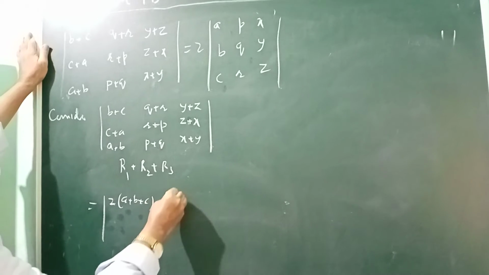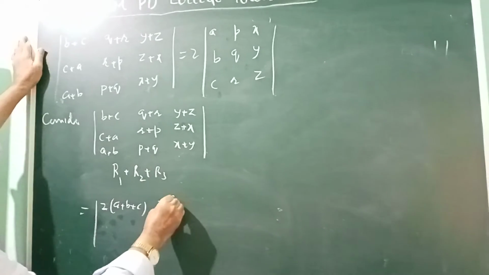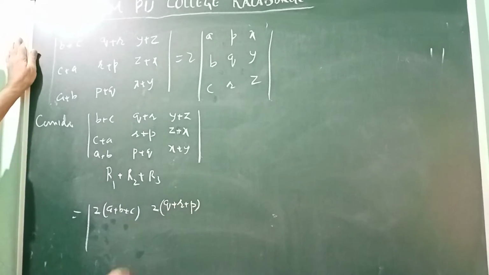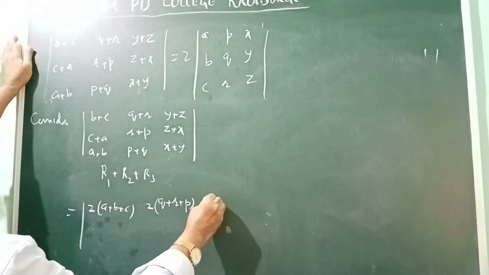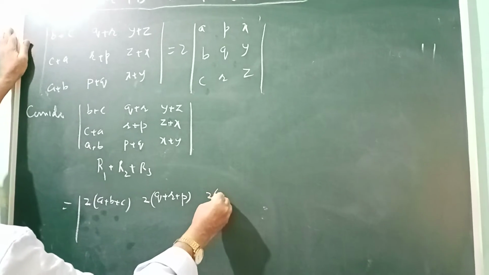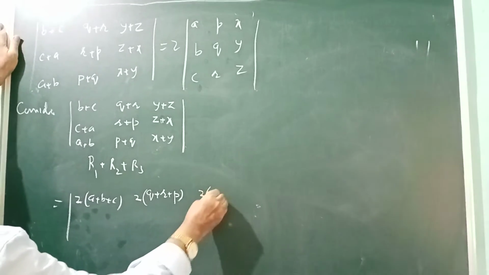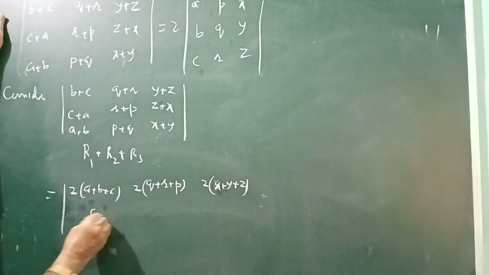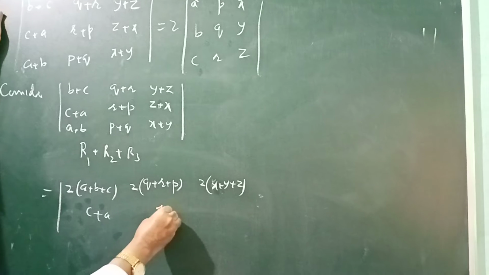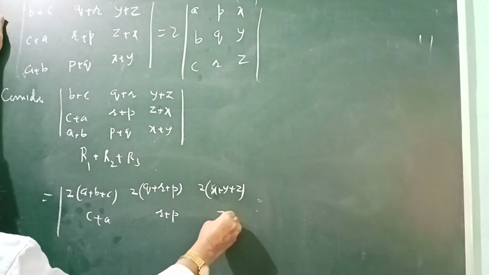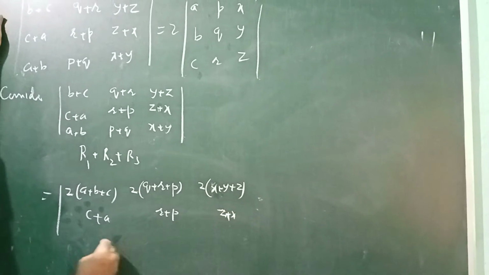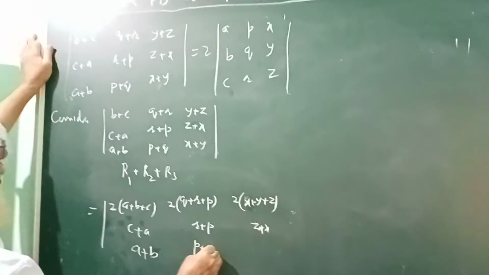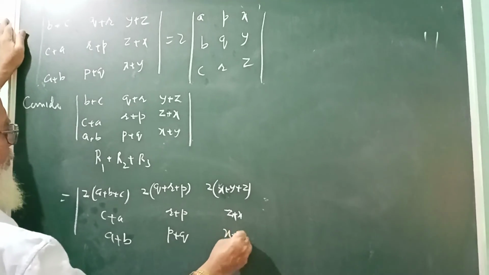Therefore we take 2 common and add them, it is Q plus R plus P. Similarly these two should be added here: 2 into X plus Y plus Z. The remaining quantities will be as they are: C plus A, R plus P, Z plus X; A plus B, P plus Q, X plus Y.